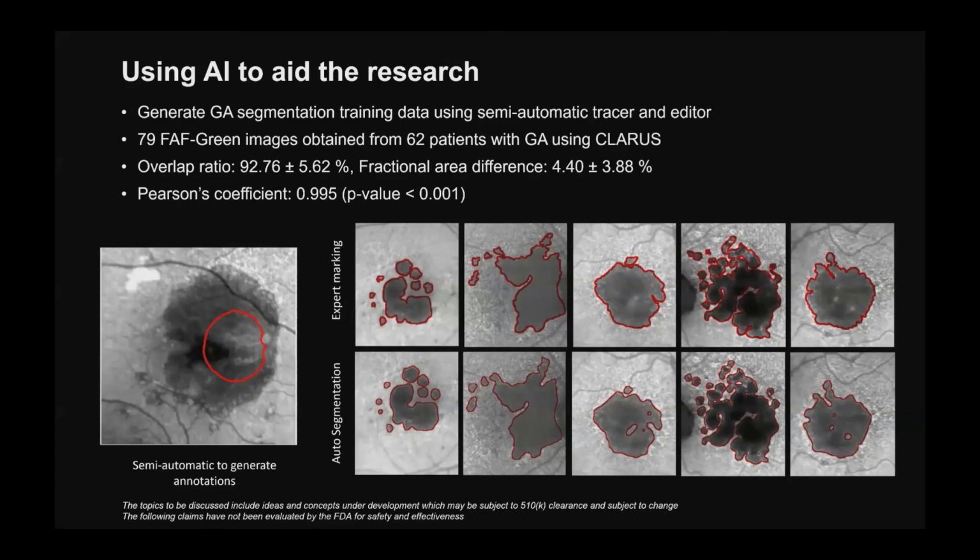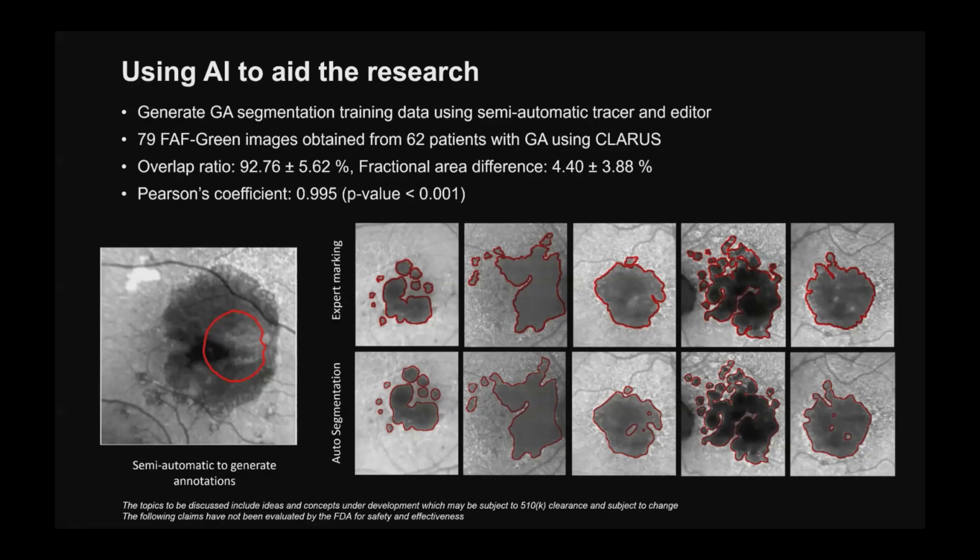When we are developing these new technologies to address geographic atrophy, it's very important to accurately trace and measure the atrophy areas. So what we are doing here is to provide an algorithm to accurately trace and measure the geographic atrophy area.